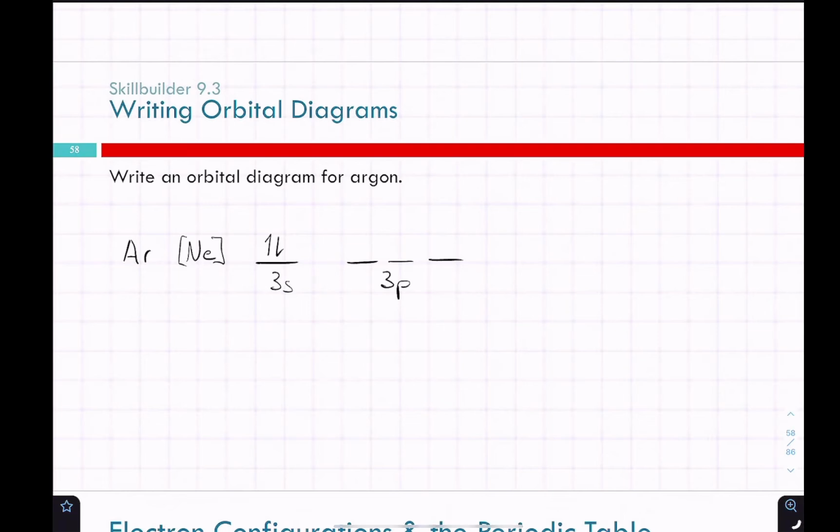And so argon is at the very end of the row, so it's going to have a full 3p, 8 electrons in that row total. Sorry, s plus p is 8 electrons.